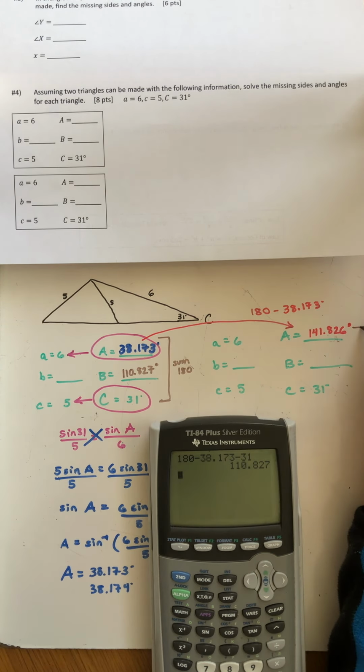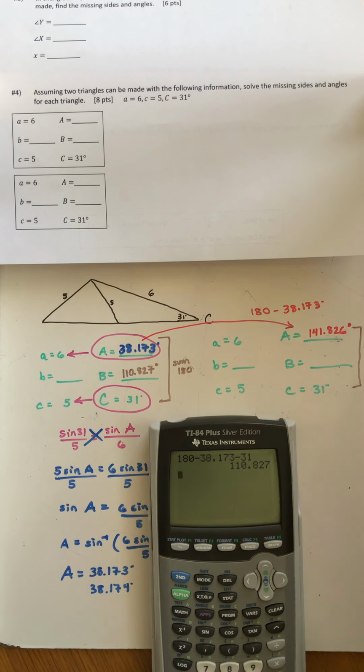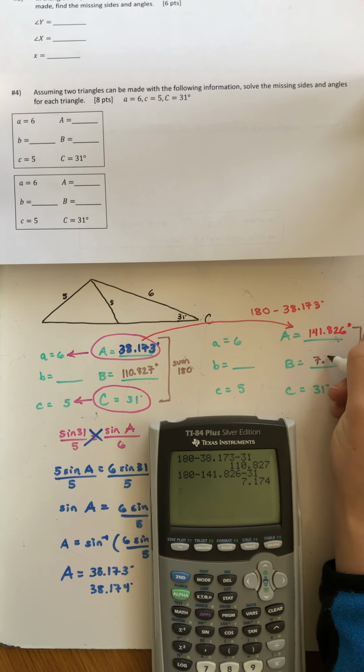And I can do that over here. These angles also sum to 180 degrees because they form a triangle. So 180 minus 141.826 minus 31, we get 7.174 degrees.